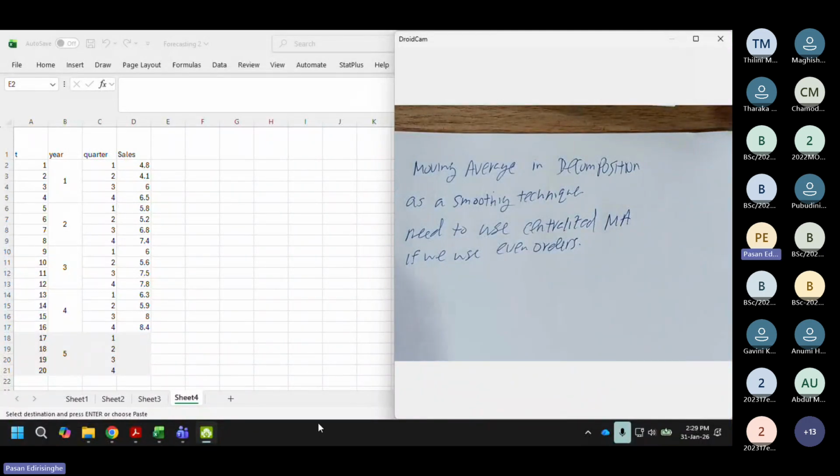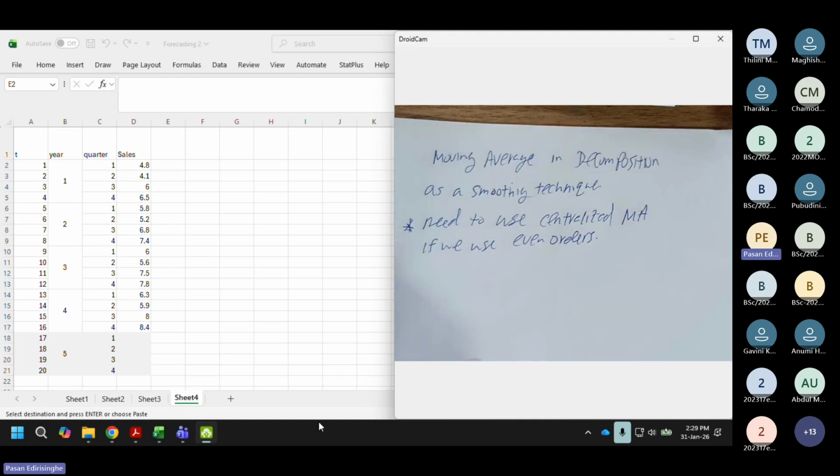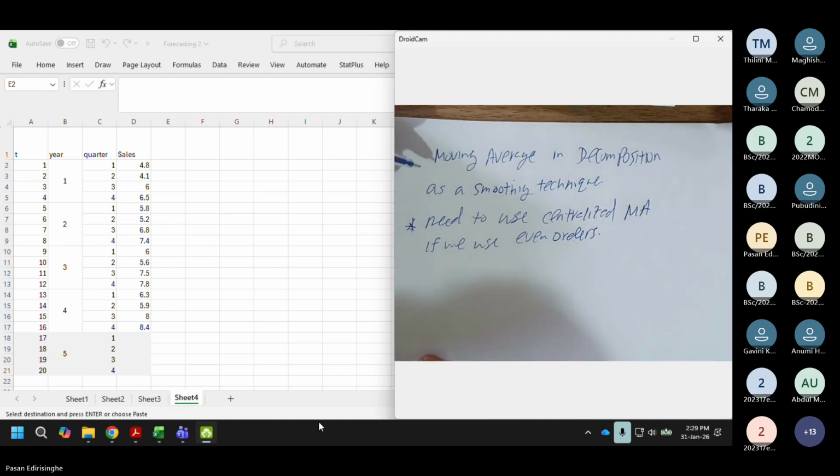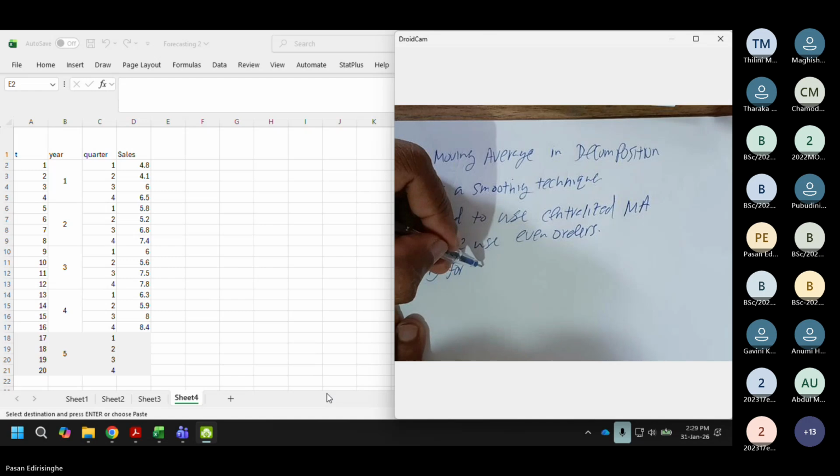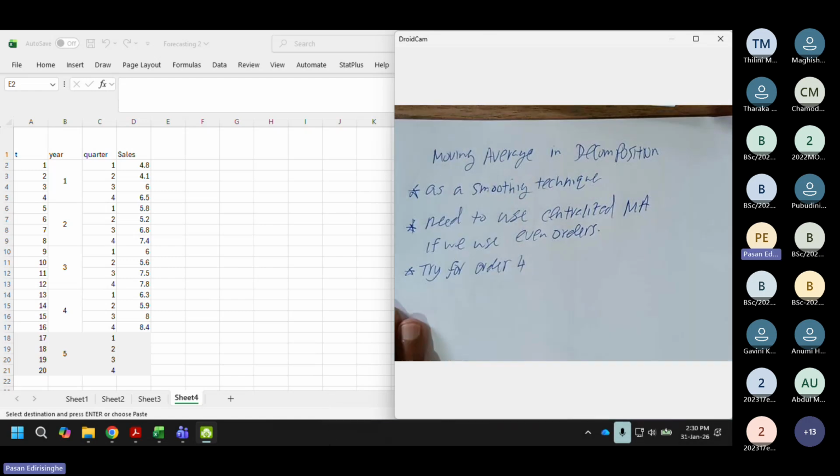Okay, so that's something that we need to remember, right? Now we are using it as a smoothing technique. For an example, let's try it for order four, right?